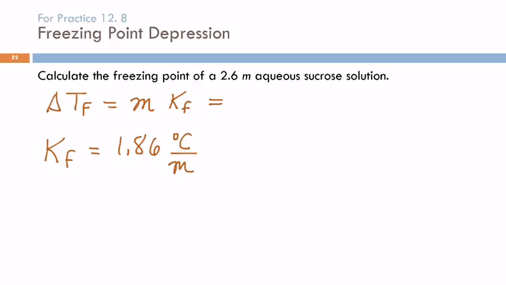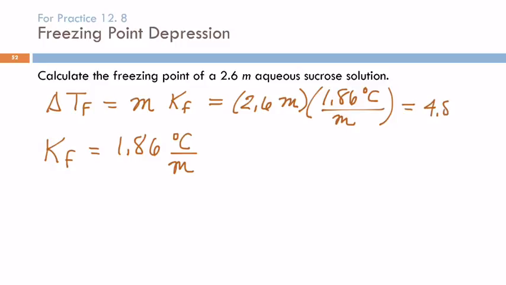This is a nice problem. They just gave us the molality instead of making us do all those stupid calculations. So 2.6 molal times the constant. This is 4 something. 4.8. And the unit is degrees Celsius because the molalities cancel out.